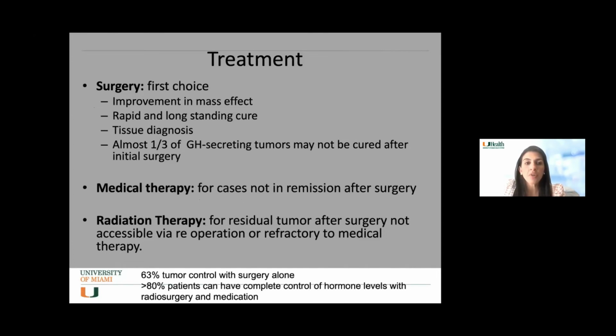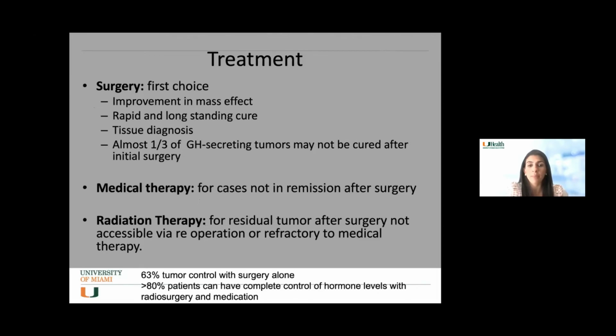So what are our options? Surgery is going to be our first choice. If you have a macroadenoma that's causing any sort of mass effect, you're going to get improvement in that. But most importantly, elevated growth hormone can lead to issues in end organs through the bloodstream.